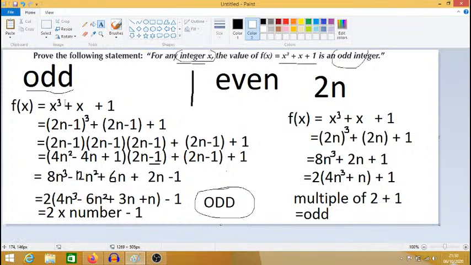Okay, and because I've covered both the possibilities of the numbers that can go in, and I've got an odd number coming out on both occasions, that's the proof that any number you put in is going to give you an odd number out.